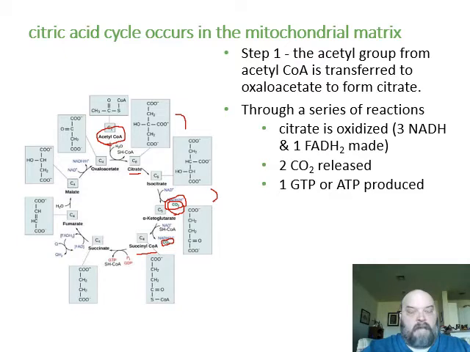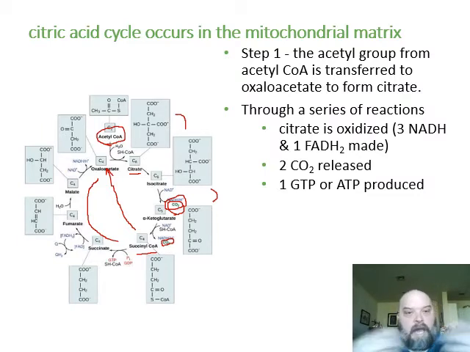Succinyl-CoA can't do anything with, okay? Can't end here. Somehow you have to get succinyl-CoA and turn it back into oxaloacetate. That's what the second half of the citric acid cycle is all about. Rearranging things, stripping off hydrogens, adding hydroxyls back in, so that succinyl-CoA can look like oxaloacetate, which can now accept a new acetyl-CoA.